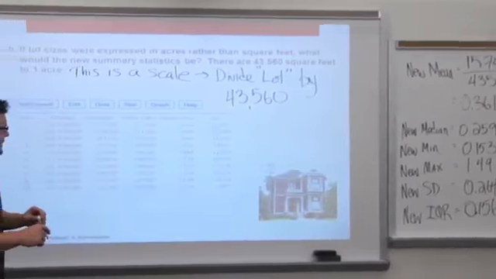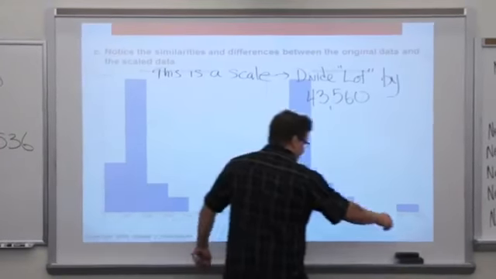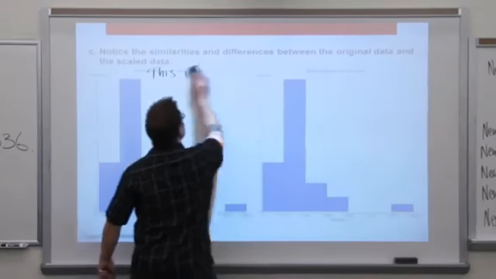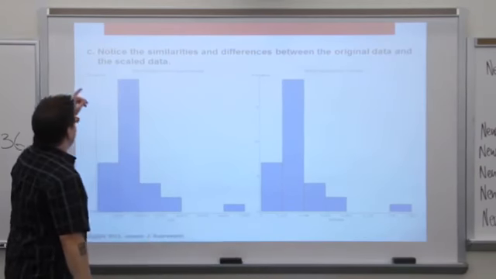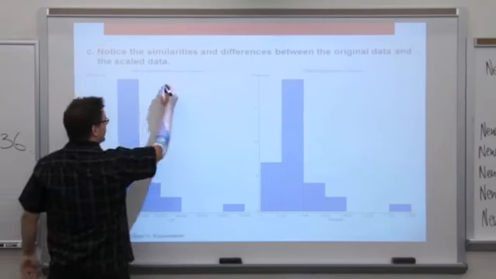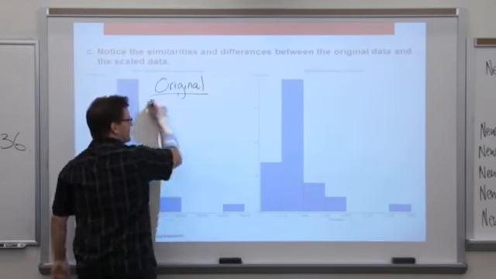All right, to wrap up this example, there's a part C, and what I want to do is just look at the two histograms. Notice the similarities and differences between the original data. This is the original data here. This was in square footage.